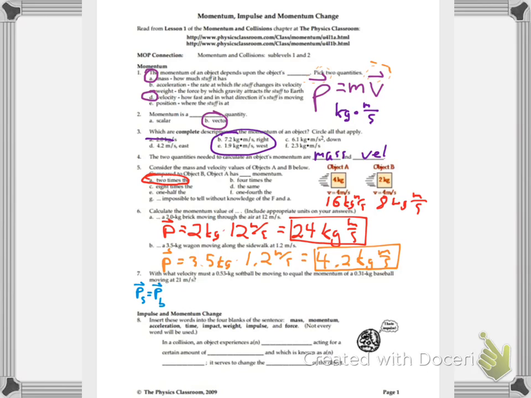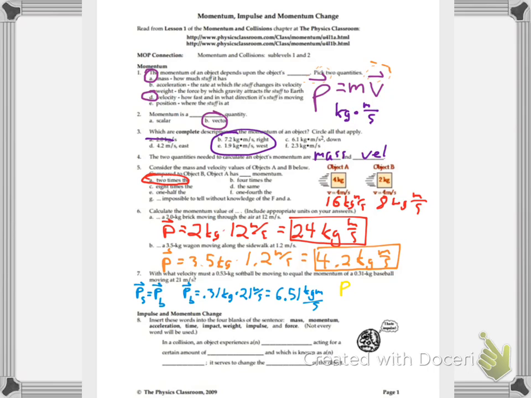The momentum of the baseball equals 0.31 kilograms being multiplied by 21 meters per second. So the momentum of our baseball, when we calculate this out, will end up being 6.51 kilogram meters per second, which means that that also has to be the momentum of the softball.